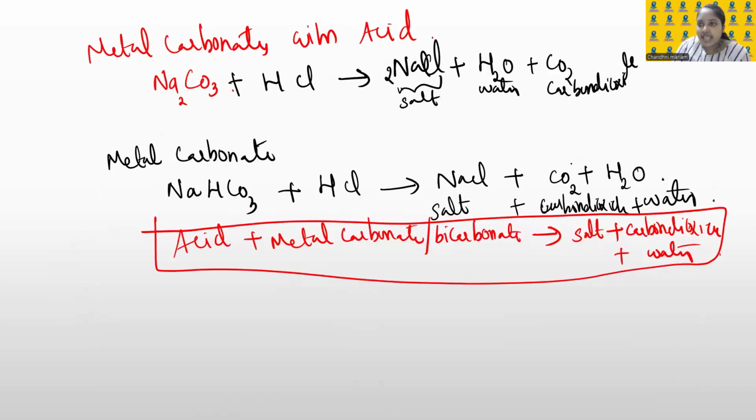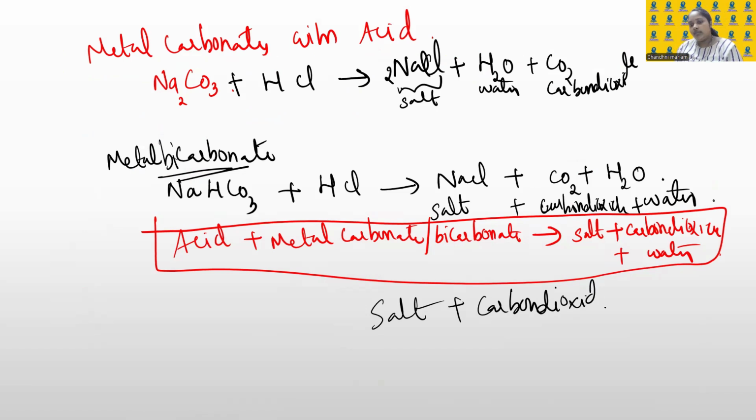Next is the reaction of acids with metal carbonates and metal bicarbonates. Whether it is a metal carbonate or a metal bicarbonate reacting with any acid, the products we get are salt plus carbon dioxide plus water. This is the reaction.